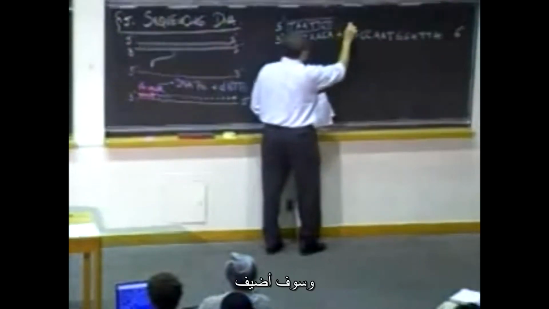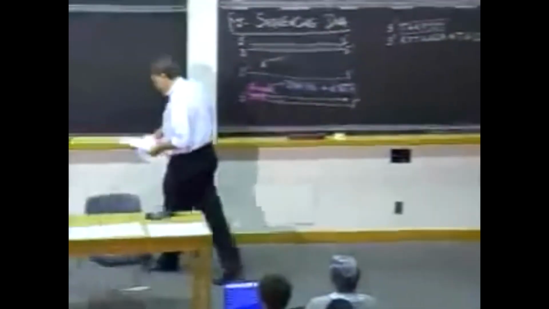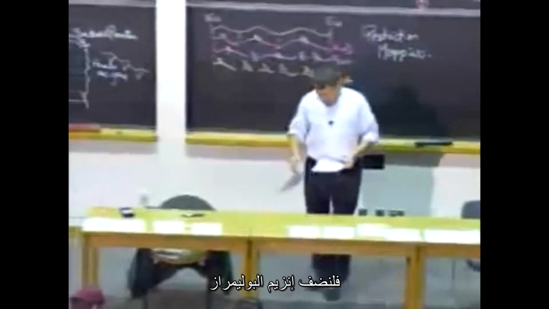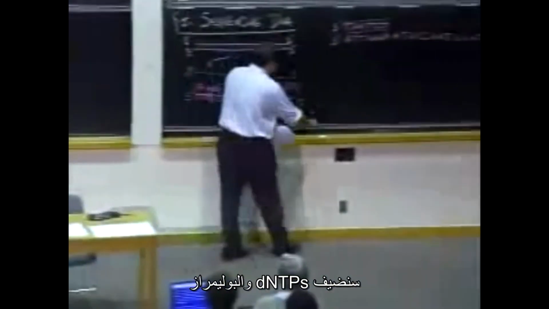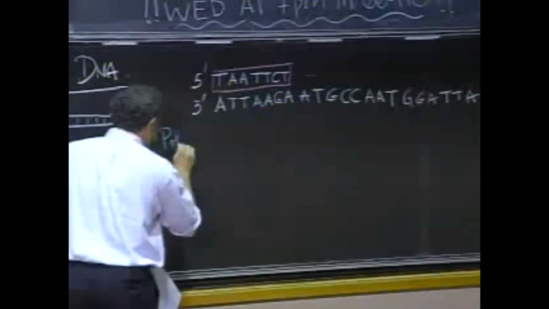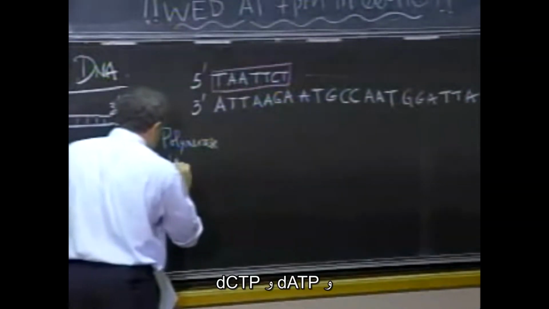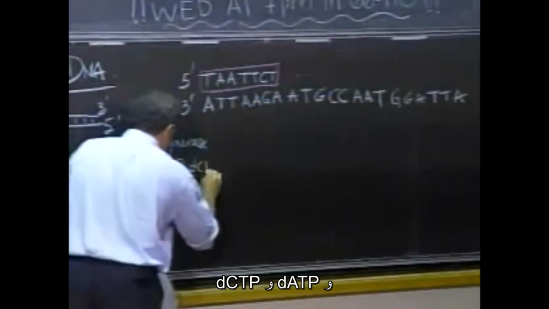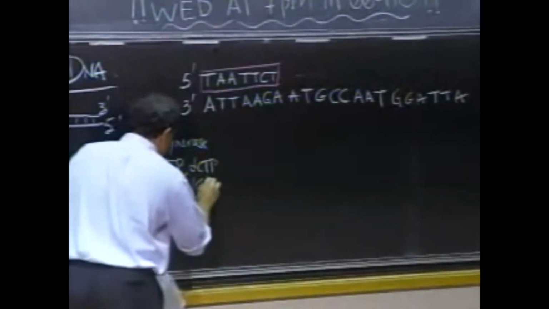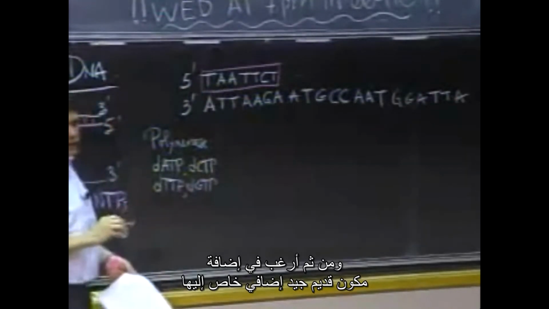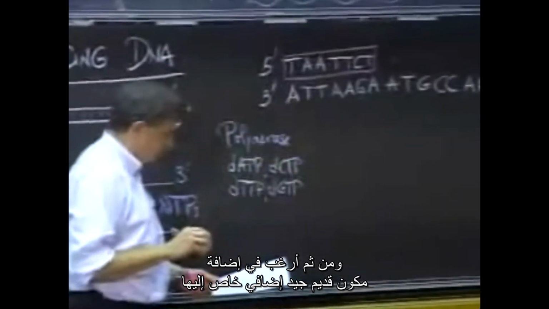I'm going to start adding. Well, let's add our polymerase. Let's add our dNTPs. Polymerase. The ATP, the CTP, the TTP, the GTP. And then I want to add a special extra little ingredient into this.